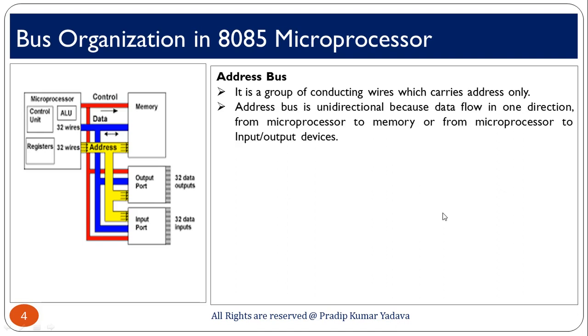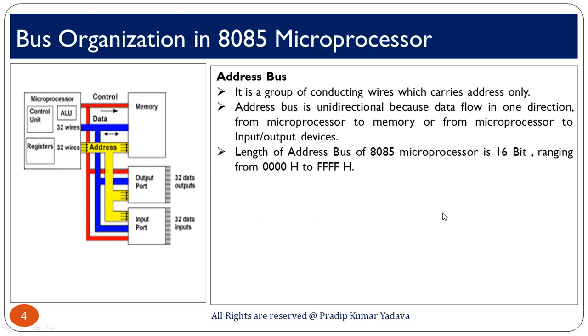And the address bus is unidirectional because data flows in only one direction, from the microprocessor to memory or from the microprocessor to an input output device. We are not going to transfer data from input output to the microprocessor, or vice versa. It only works in one direction.